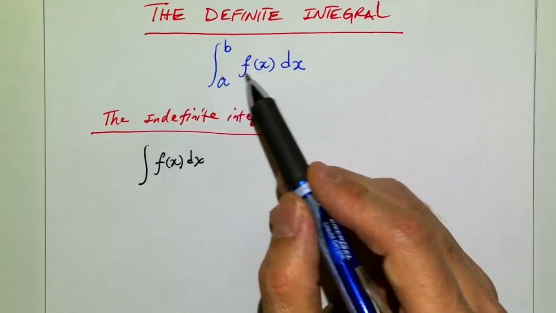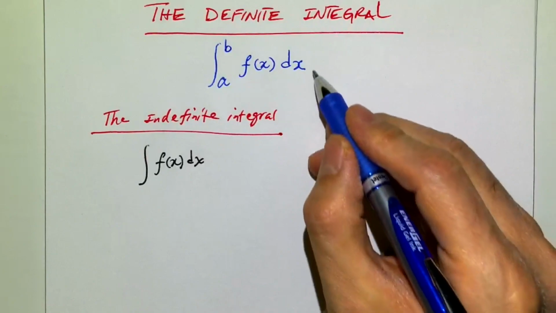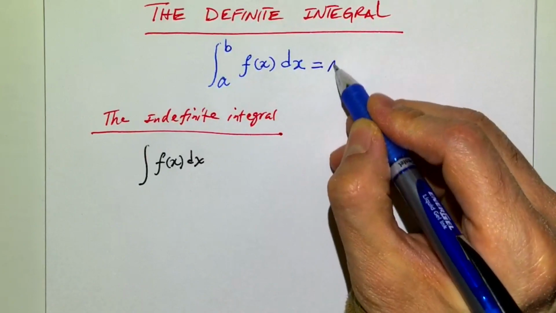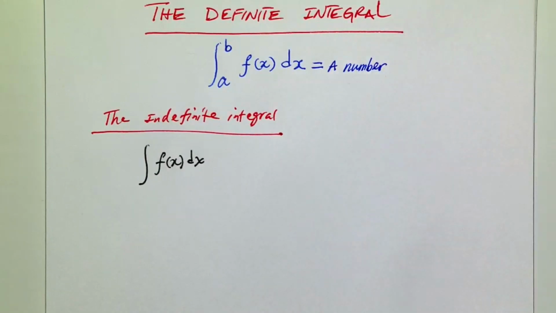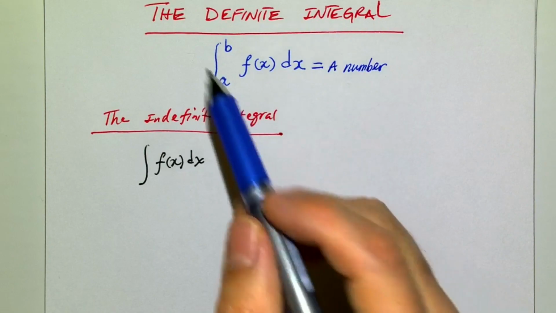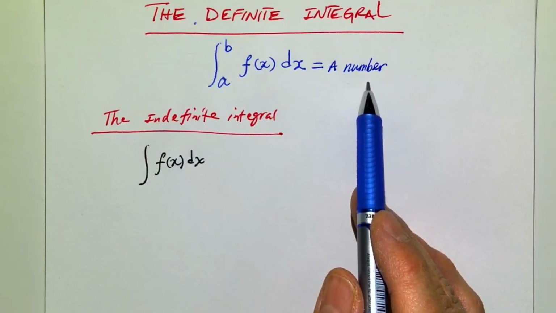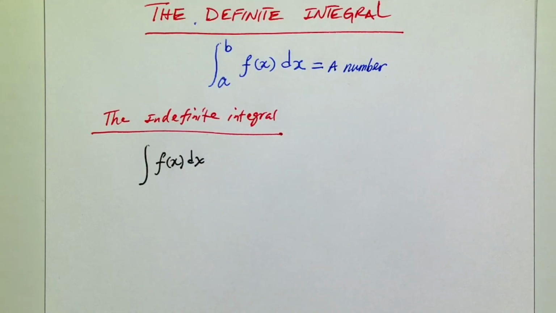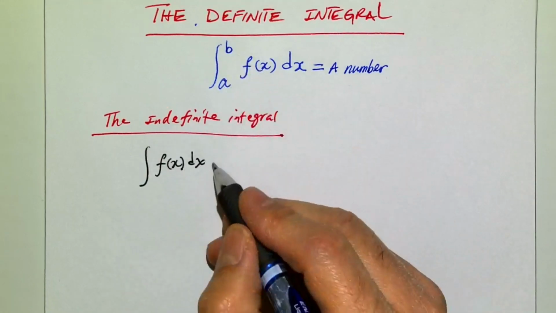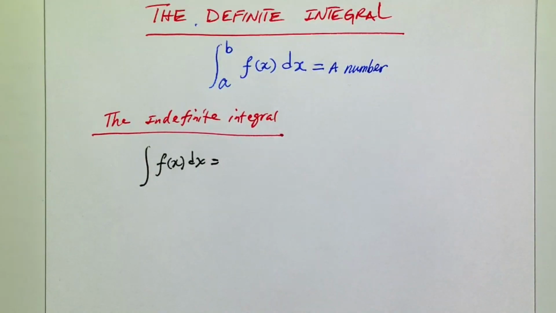Well, if you have a definite integral, this represents a value, a single number. Whether that's a positive number or a negative number, it makes no difference. But a definite integral, once you're done with it, represents a single value. But the indefinite integral, with the limits missing, represents not a number, but a family of functions.